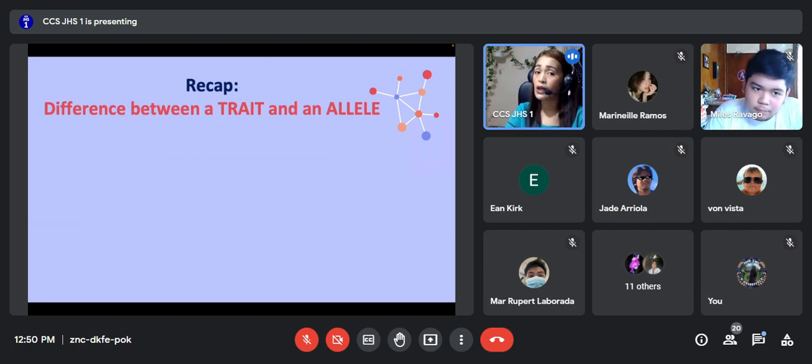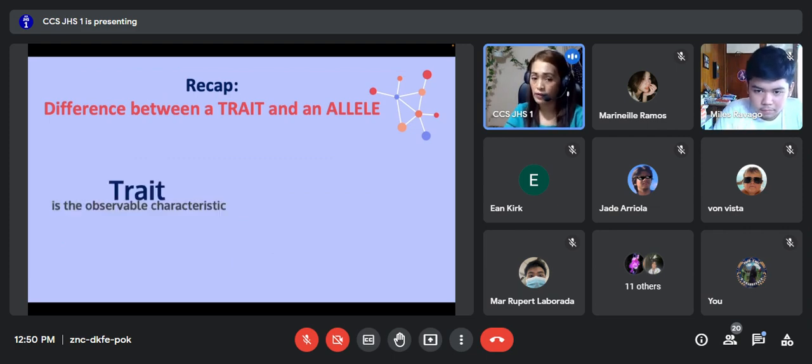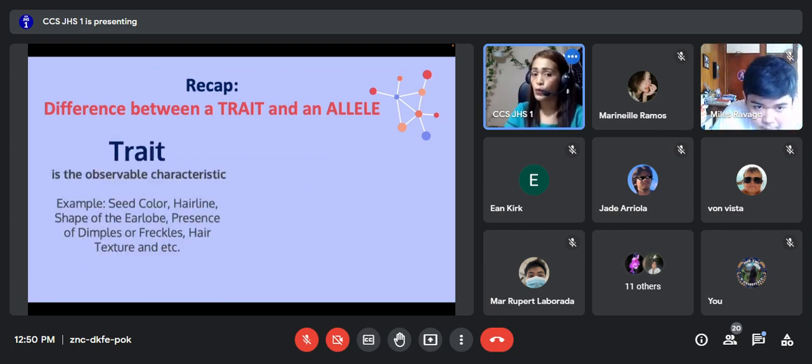This time, let's recap the difference between the two concepts, trait and allele. When you talk about trait, I think I mentioned this yesterday. A trait is the observable characteristic. Usually, a trait is physical or morphological, meaning you can observe it directly.